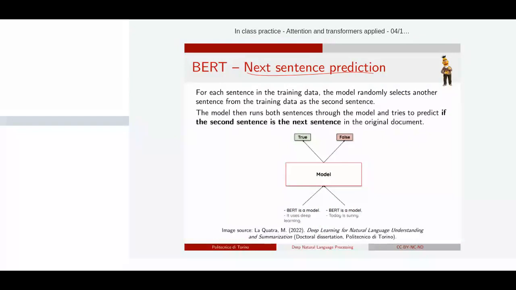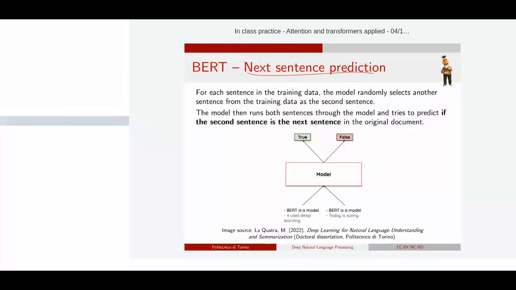And as you can imagine, by using these simple tricks, by just replacing some tokens with a mask and sampling random sentences in the corpus to create positive and negative examples, I can have thousands and millions of training examples, and I can use all these examples to train my transformer models.